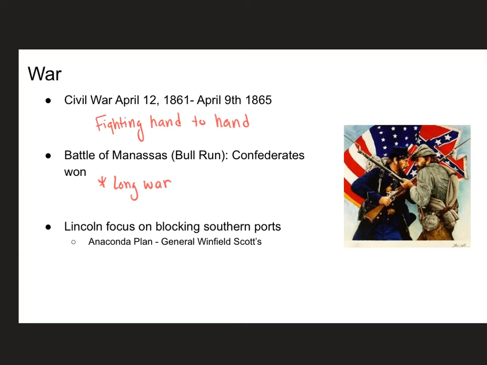Lincoln's main focus at the beginning of the war was to block the southern ports so that the South couldn't get supplies or sell goods. It was called the Anaconda Plan.